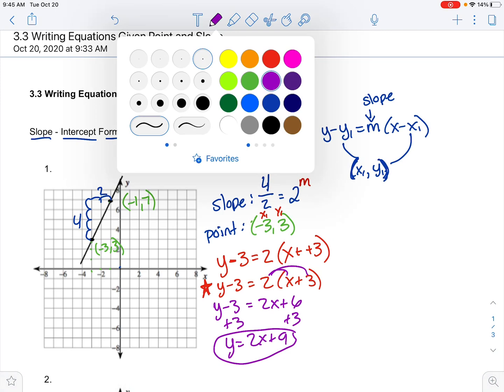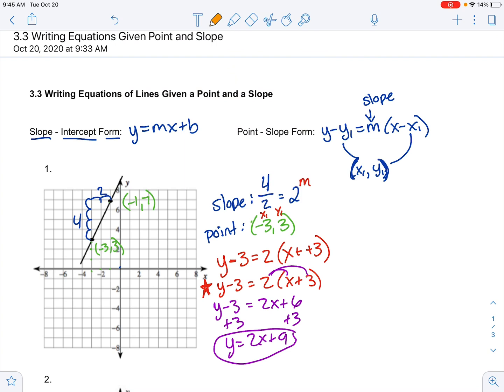Now, you could have still used our old method. I'm going to put that in a different color here so you can see it. So our slope is 2, and then we have the point, which is our x and y. So I could plug it into y equals mx plus b. Notice we're missing our b value.